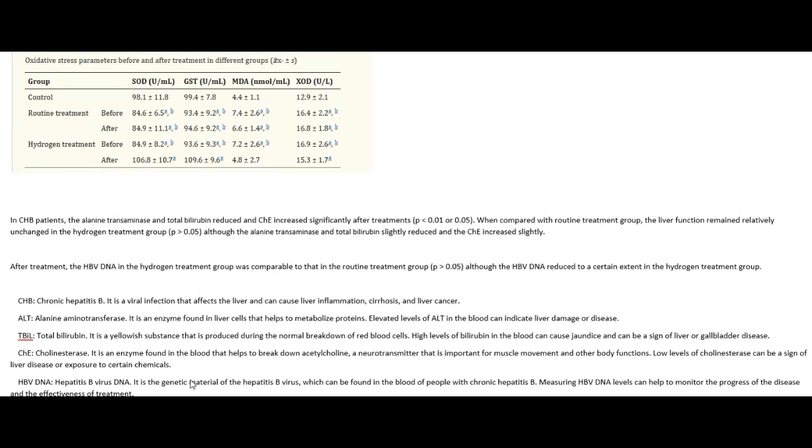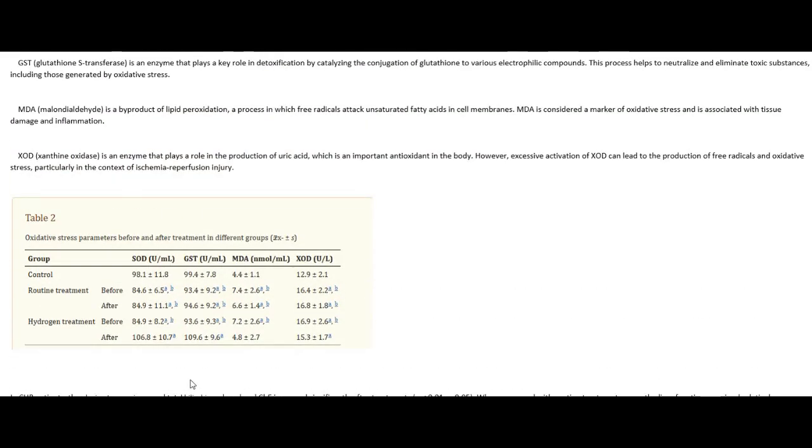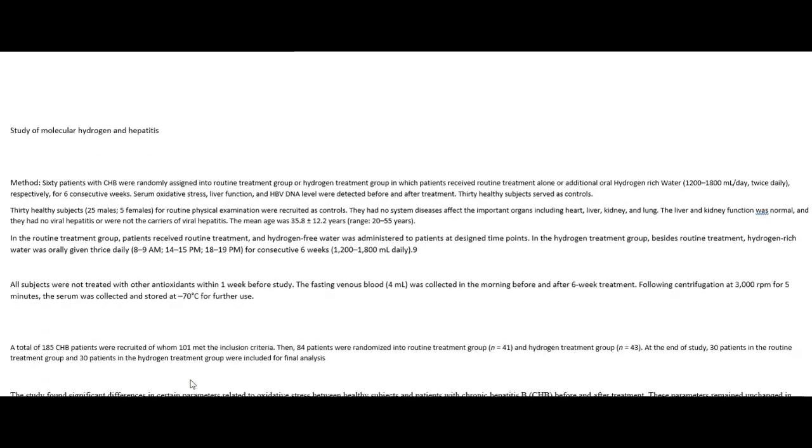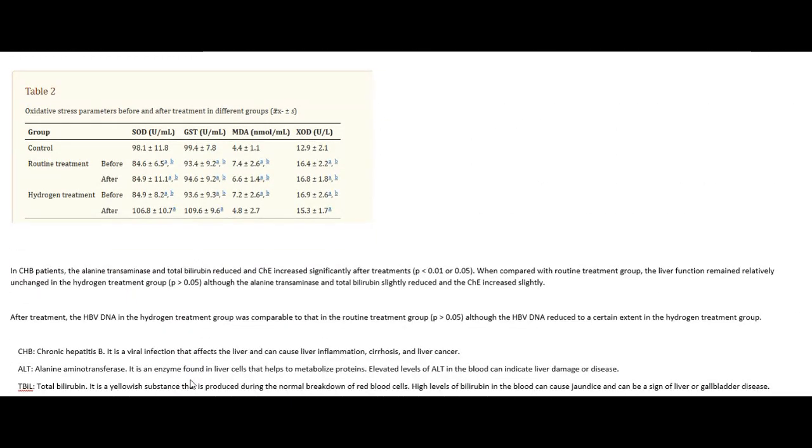What I was going to say, if I'm not mistaken, when I was looking at the prices of the supplemented capsules of molecular hydrogen, it was like $20 or $30 for, I don't know, 60 capsules.